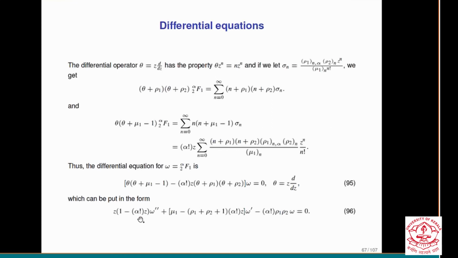If I keep factorial alpha here, then what will happen? Suppose this is your 1, ultimately you will get 1 minus that, and this is your omega double dash, the second derivative of this omega. So finally, this is a type of the hypergeometric function.